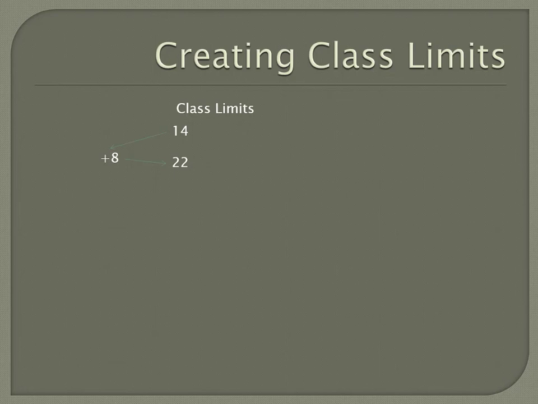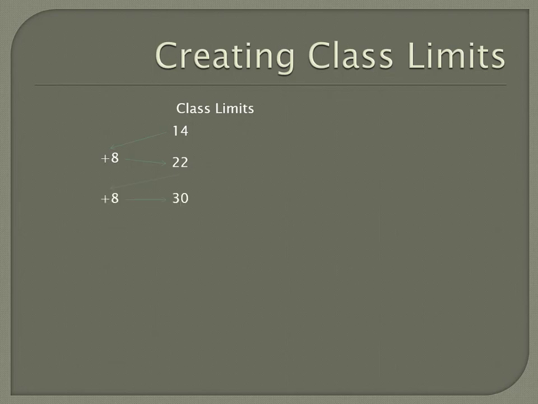Now, it's very tempting to put that as the upper class limit of the first class. After I get this created, I'll try and give you some intuition as to why that doesn't work. So this is the pattern that we follow. We start with the lowest data entry, add your class width, and that gives you the next lower class limit.